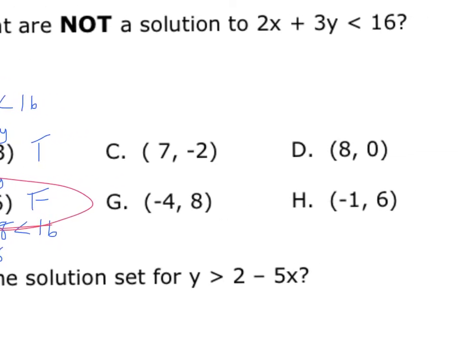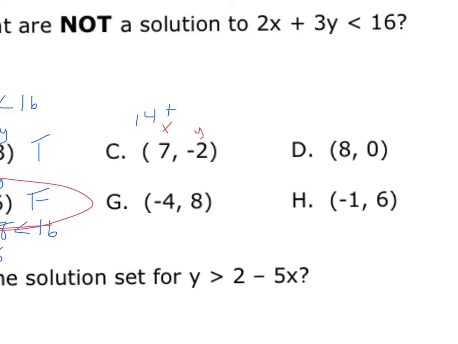All right, so here was the original problem. So I'm just going to use it for C, D, G, and H. I'm just going to look at this. All right, so x and y. So 2 times x, or 2 times 7, is going to give us 14.